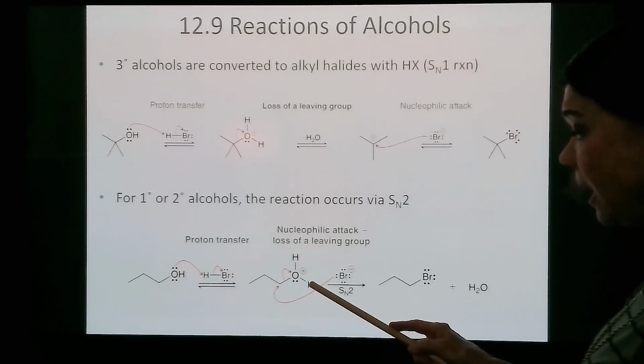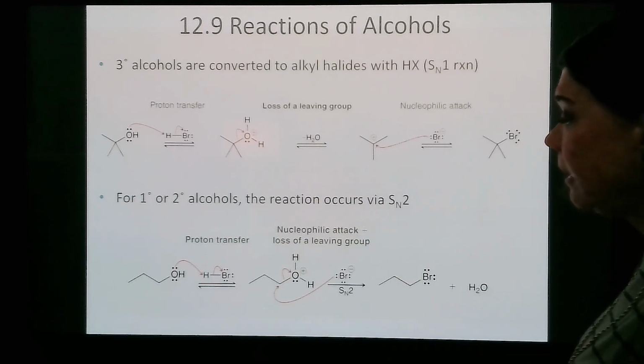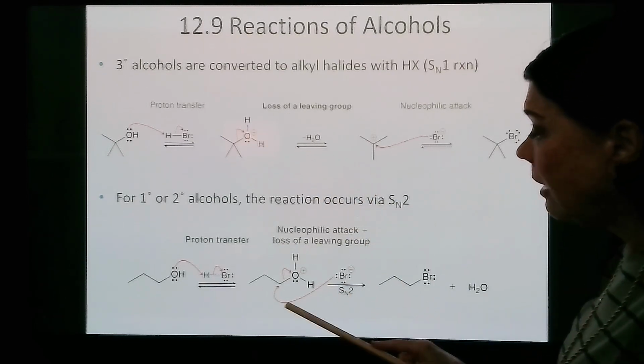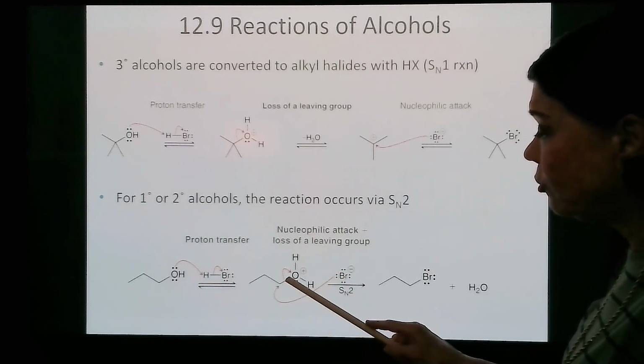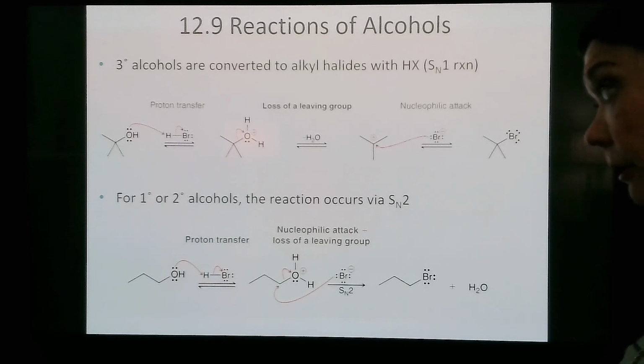First step is protonation. Then you've converted this to a great leaving group, just like up here, except instead of a leaving group just departing, you're going to have a backside attack, an SN2 reaction, to give you the primary or secondary alkyl halide. You have had those. These reactions and these mechanisms I'll review.